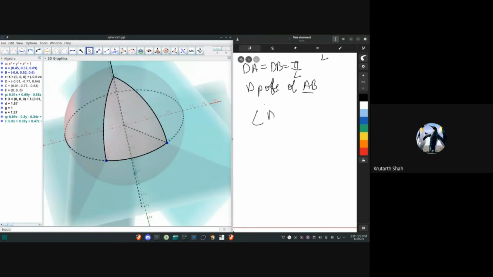So since you have angle DEA equals angle DEB equals 90 degrees or pi by 2 by definition, which is what is given, we have that DE is perpendicular to the plane passing through AEB.